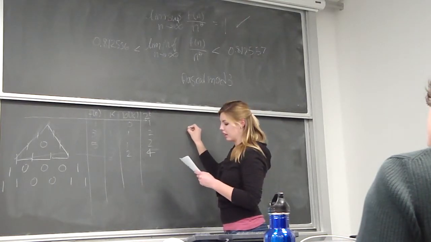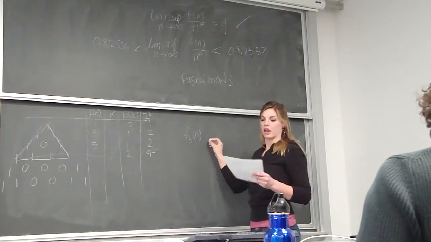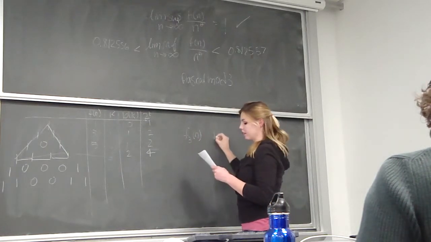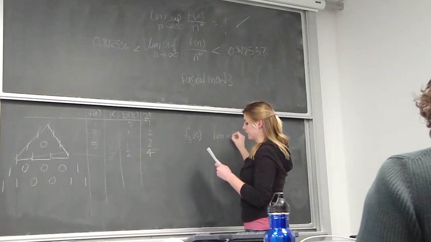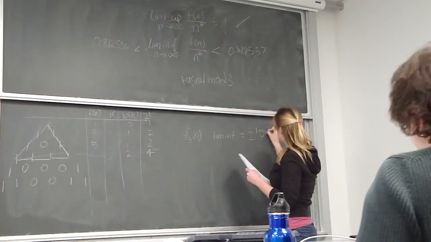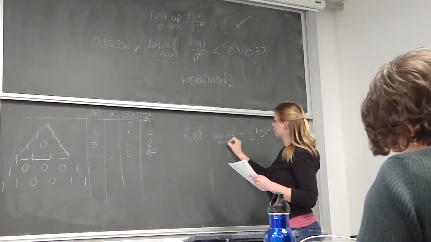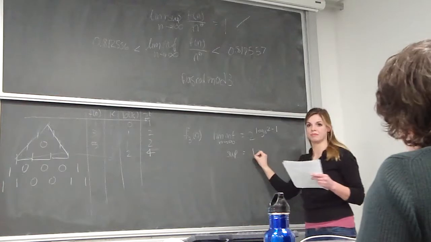Anyways, they found that for F3n, which is how we're going to denote Pascal mod 3, the limit inferior equals 2 to the log base 3 of 2 minus 1, and the limit superior equals 1, once again.